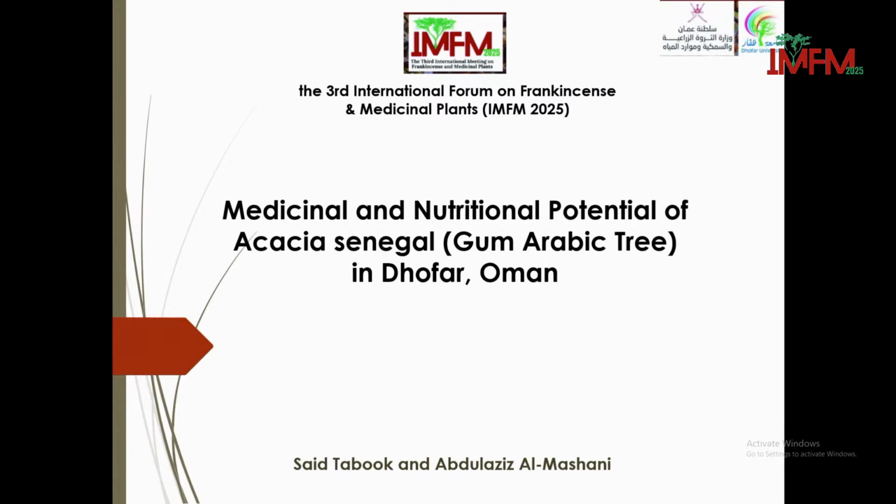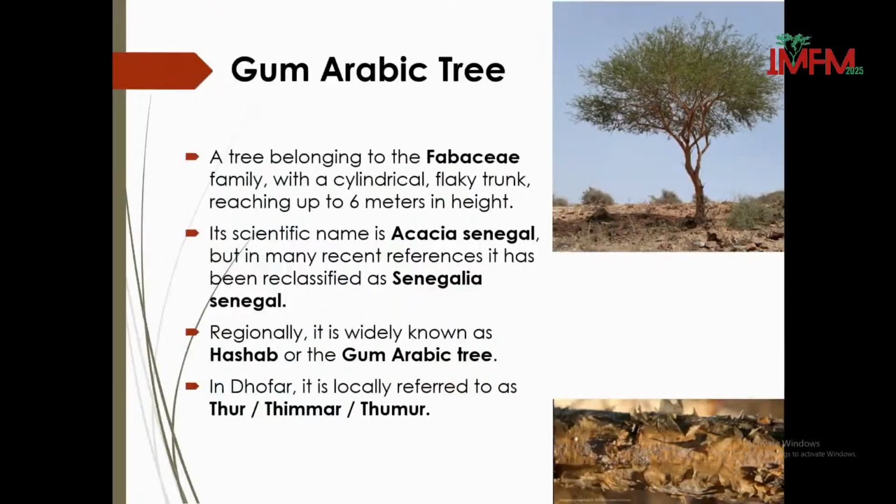Welcome to our study, which is about the medicinal and nutritional potential of Acacia Senegal, as it's called, the gum Arabic tree in Dhofar, Sultanate of Oman. As you know, the gum Arabic tree is a tree that belongs to the Fabaceae family, with a cylindrical flaky trunk reaching up to 6 meters in height.